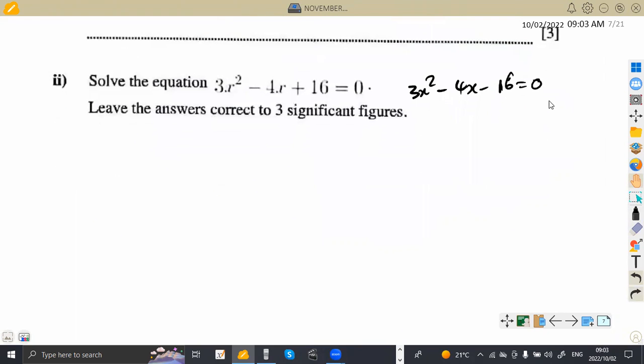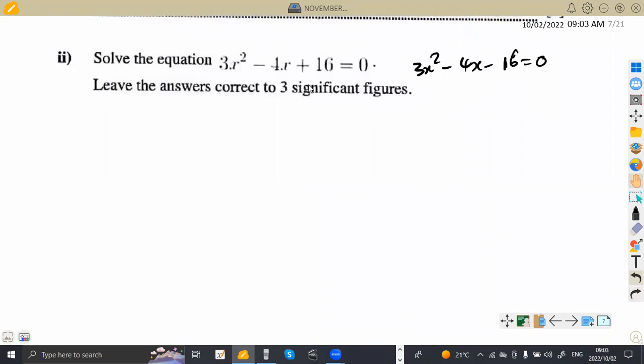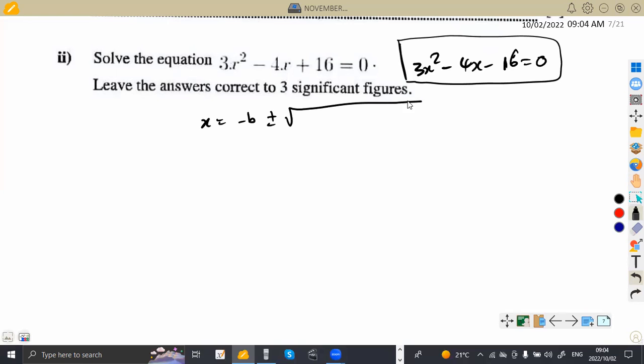If we are to solve this as negative 16, but here there's a plus, you have to work with the equation that you're given, but it was actually a continuation, so I'm going to work with the one that we obtained from the previous question. So x is equal to minus b plus or minus the square root of b squared minus 4ac, all over 2a.